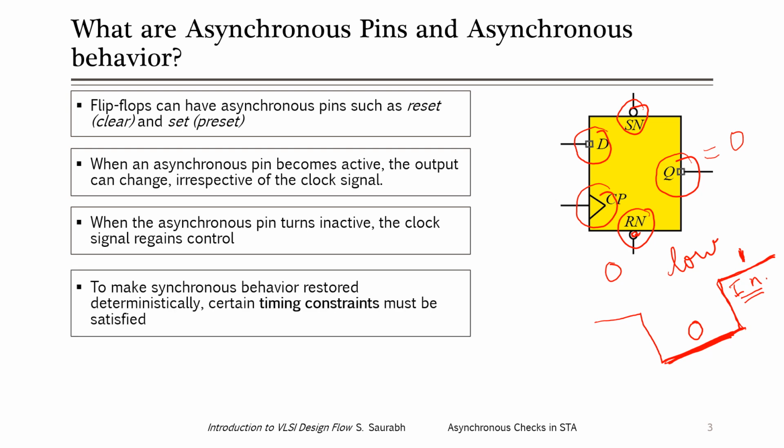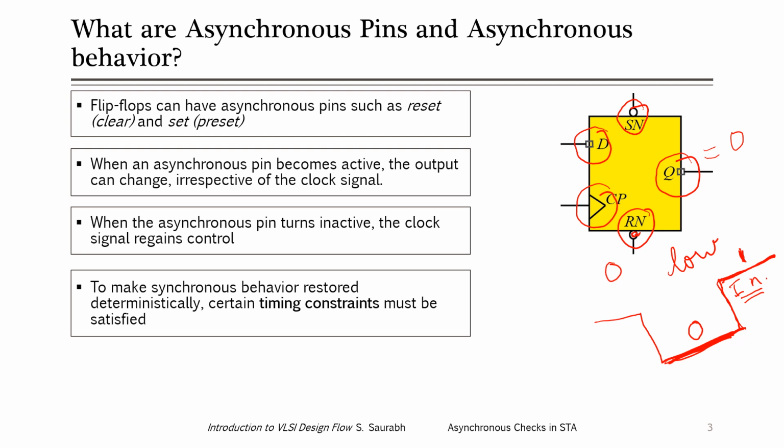Now, to make synchronous behavior restored deterministically, certain timing constraints must be satisfied. When it is going from active 0 to the inactive 1 condition, it cannot be done arbitrarily at any moment of time. It needs to follow certain constraints.